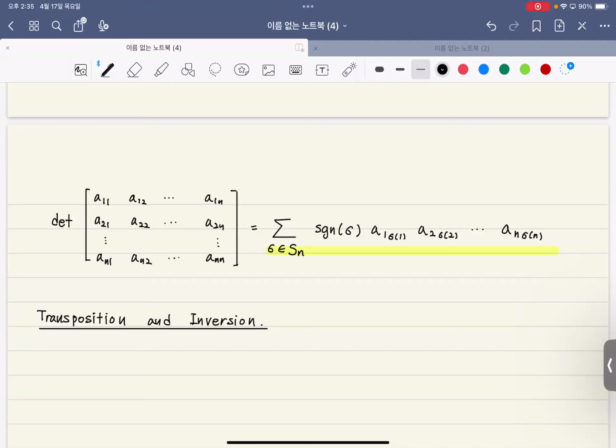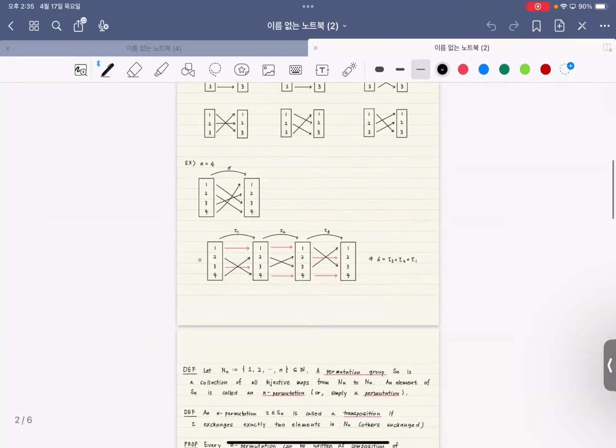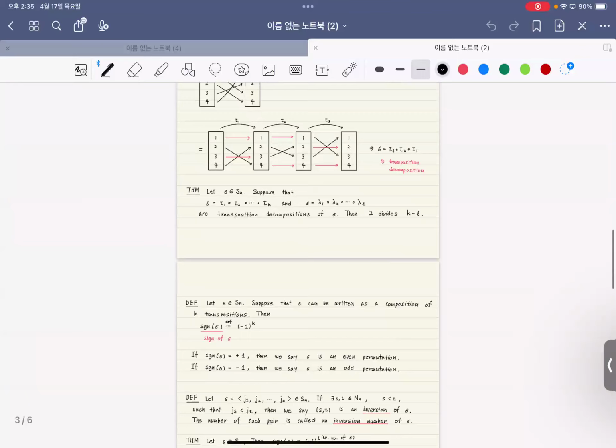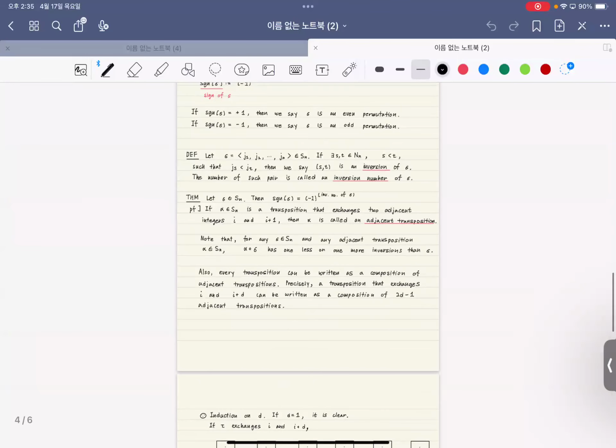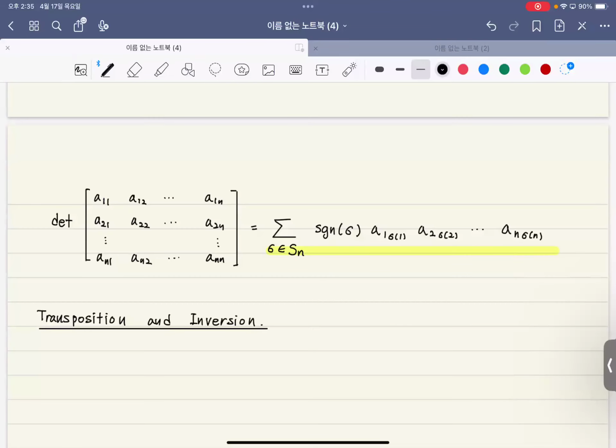And in order to explain the cofactor expansion, I will also need to explain the notion of the inversion. Okay, sorry.